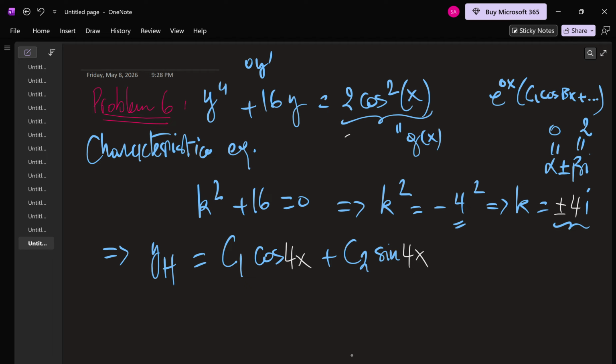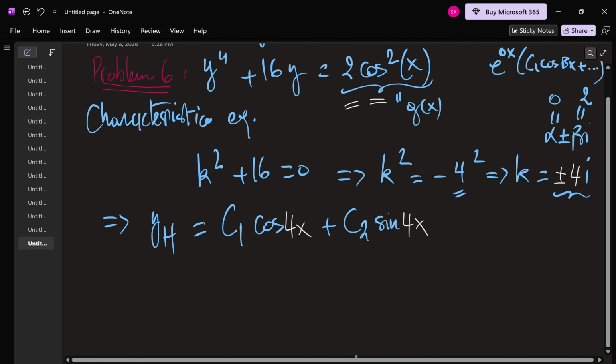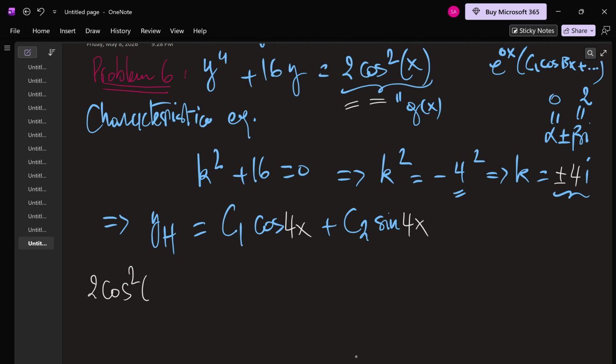Here we have 2 cos squared x. But if you try to get rid of the cos squared and simply write it as a linear combination of trigonometric functions. So here we have 2 cos squared x.